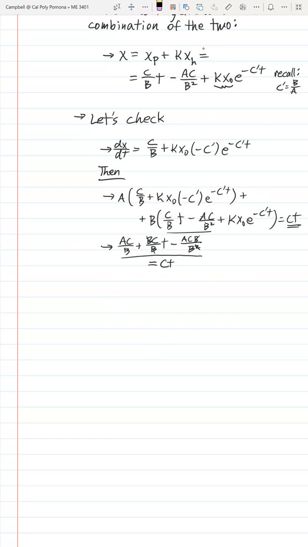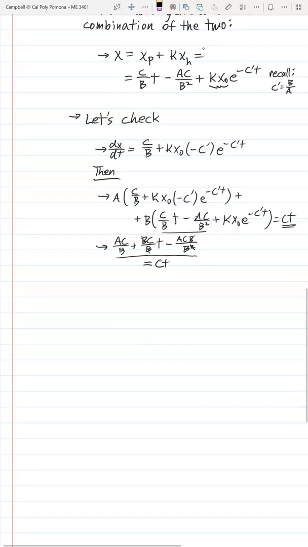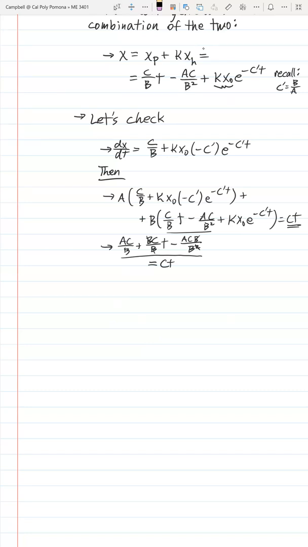Now let's make sure that the homogeneous portion of the solution gives us 0, which it should. So what do we have? We have plus a times k times x naught. Now remember, this c prime is a negative b over a, so we have to acknowledge that, times e to the negative, but here in the argument, I'll just call it c prime t.